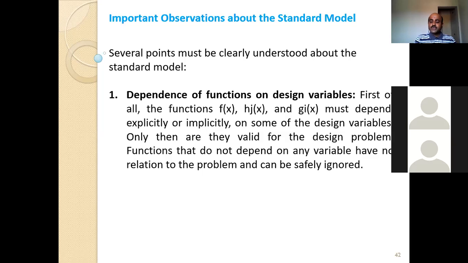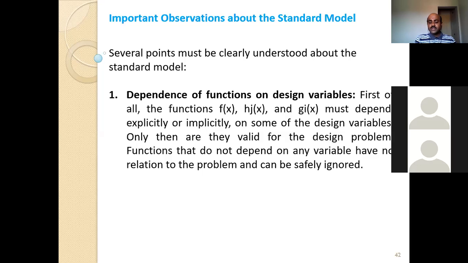So there should be a relationship between the objective function and the design variables, and also between the constraint functions and the design variables. Not necessarily that all will be involved, but there should be a relationship with some of the design variables you defined at the beginning of the stage.